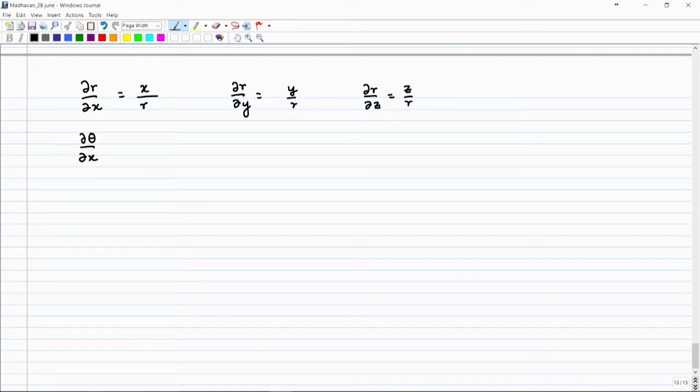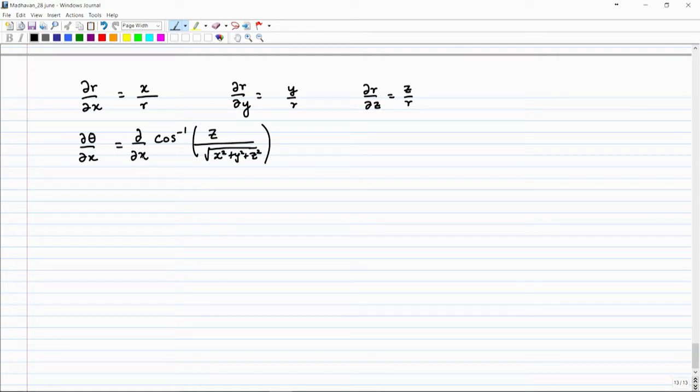So, what is theta? We wrote theta as cos inverse of z divided by r. Now, I cannot write r, I have to write it as square root of x square plus y square plus z square, and you are taking d by dx.